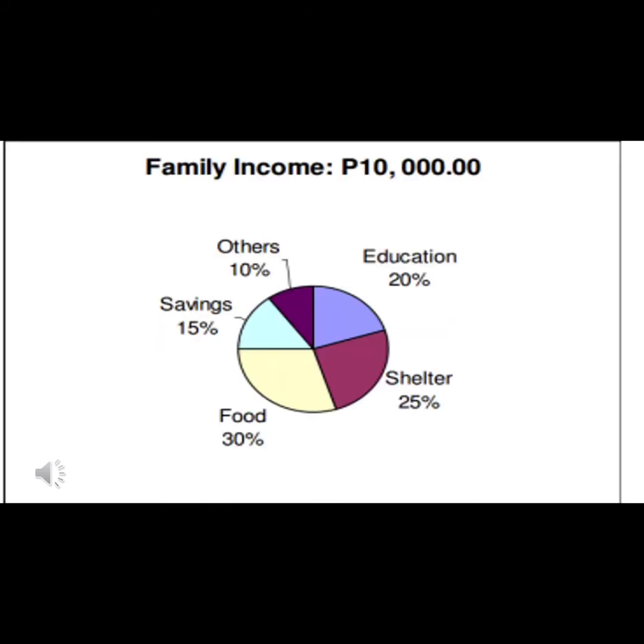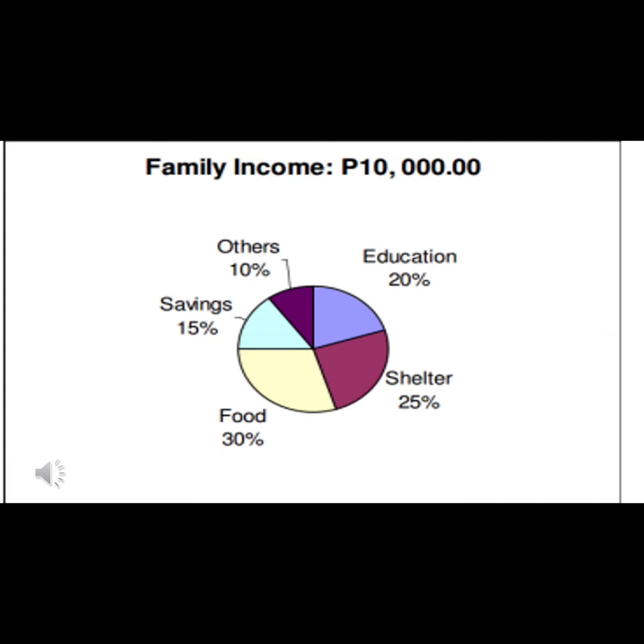Okay, we now have on your screen the pie graph titled Family Income of 10,000. The graph shows the data where the family income is distributed as follows: 20% for education, shelter 25%, 30% for food, 15% for savings, and 10% for others.